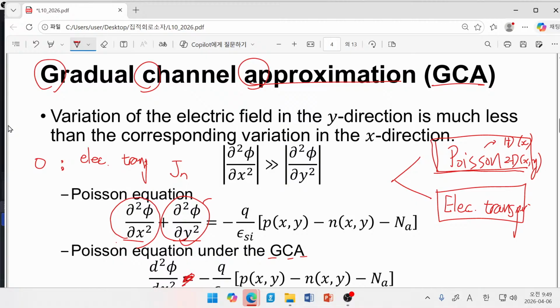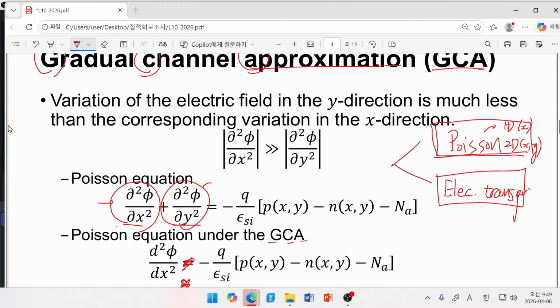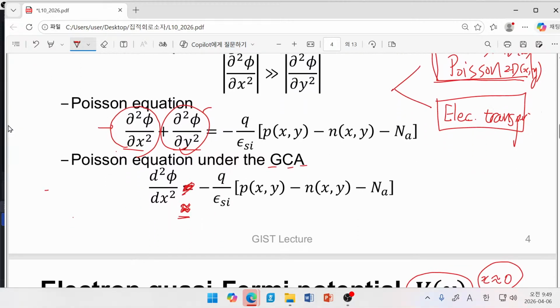Yes. Think about this one. What is the meaning of these two terms? Let me think about this one. This is a small box, and this is the y position, and this is the x position.